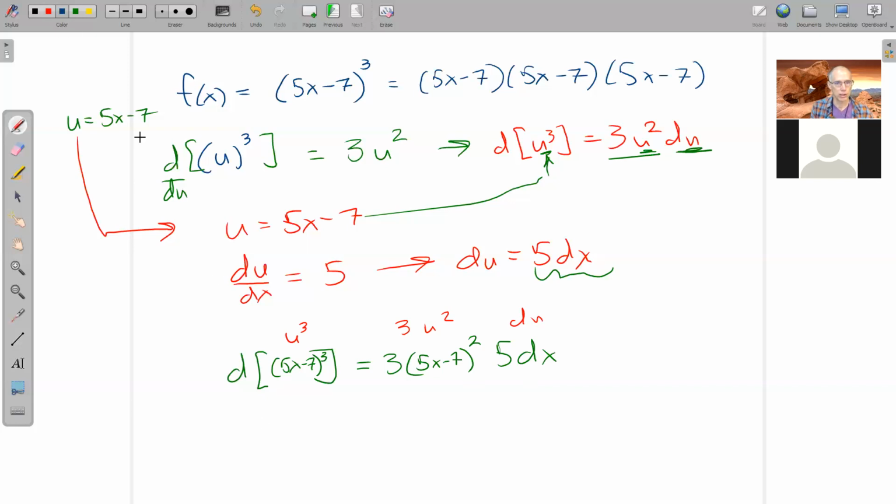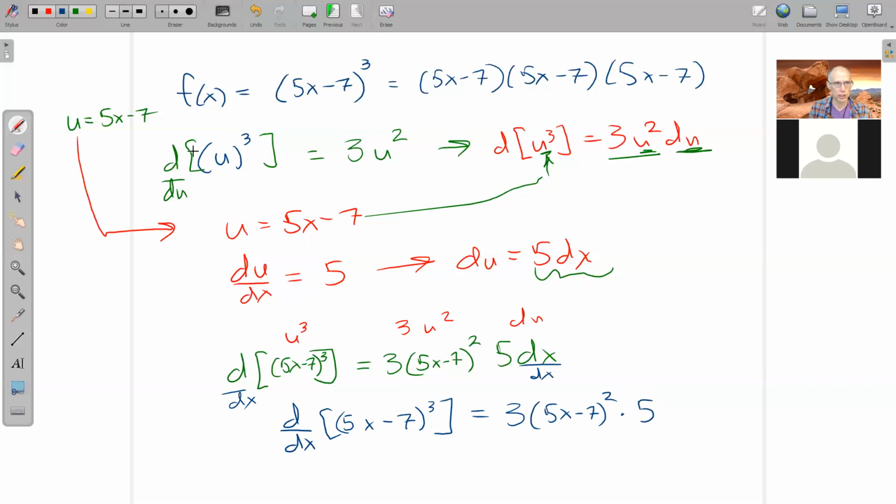The derivative with respect to x, right, divide this over to the other side, of 5x minus 7, parentheses cubed, is 3 times 5x minus 7 squared times 5.